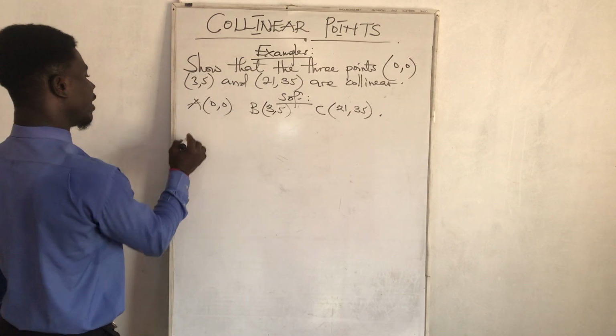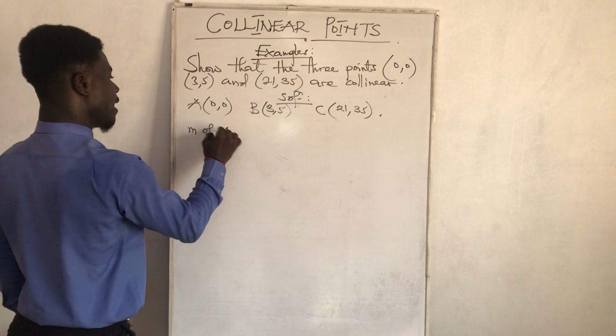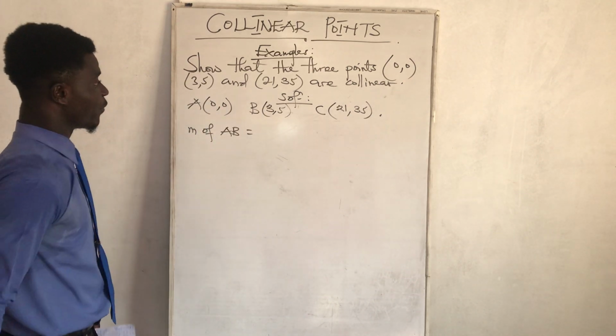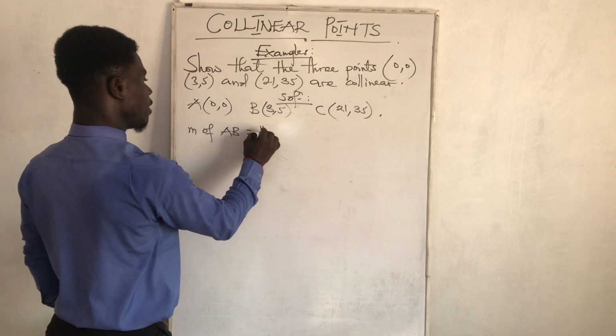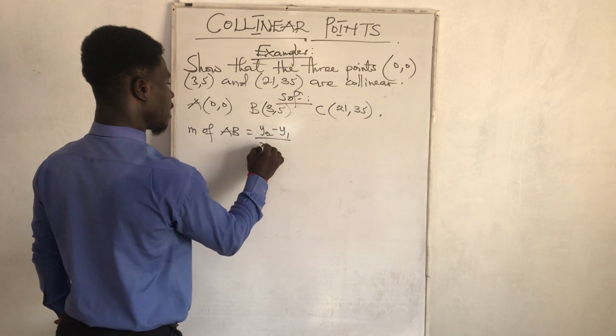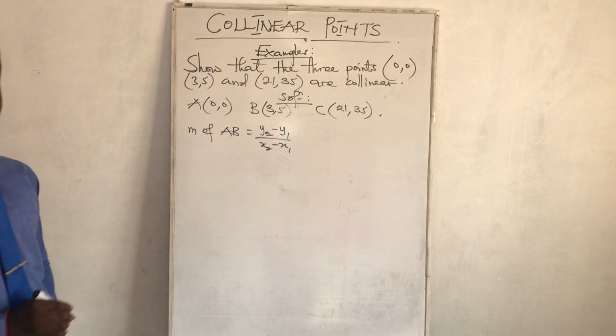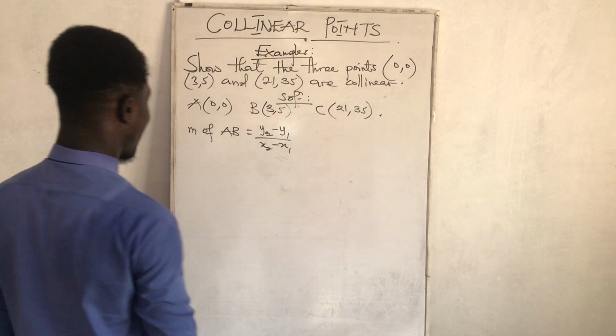So we have to find the gradient of AB. To find the gradient of AB, y2 minus y1 all over x2 minus x1. The difference in the y-axis over the difference in the x-axis.